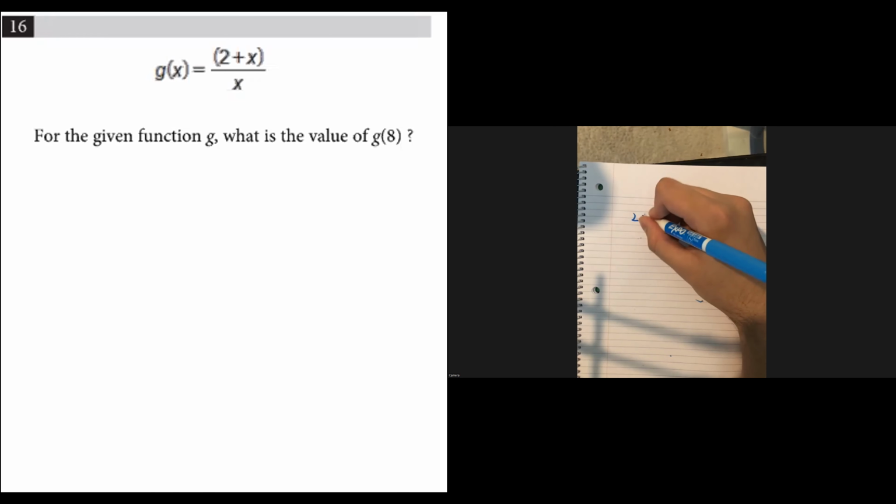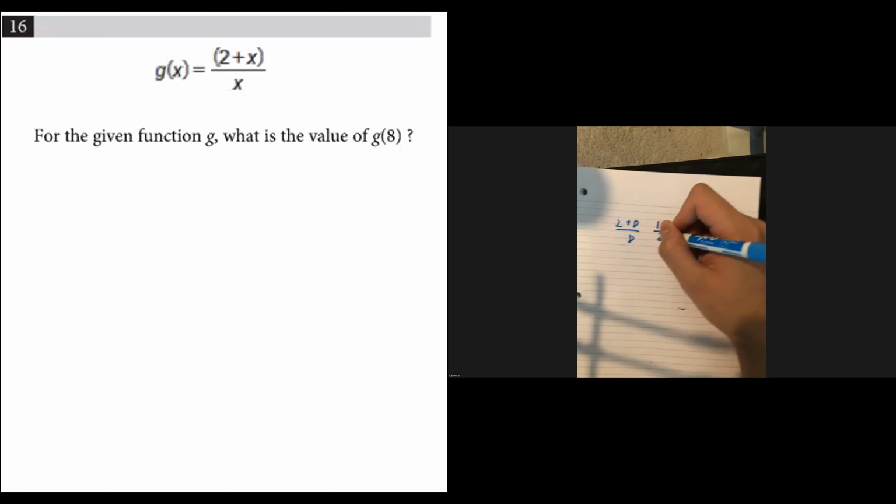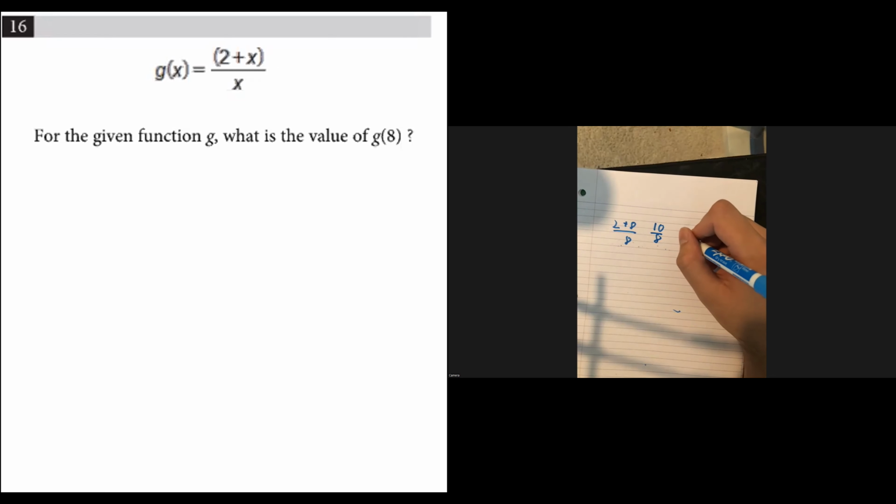So (2 plus 8) over 8. So that's 10 over 8, which when simplified is 5 over 4. And we would just bubble this in. You could also bubble in 1.25 instead. These are both acceptable answers, 5 over 4 or 1.25.